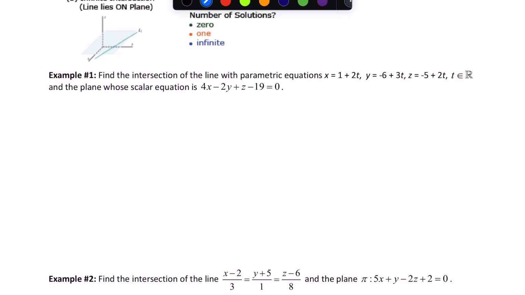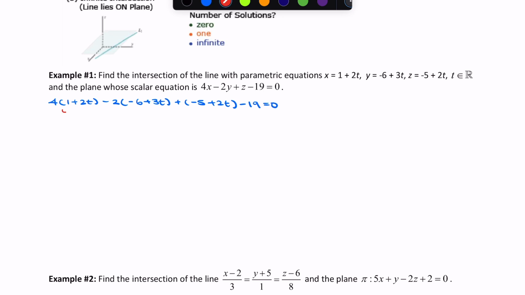If we sub our parametric equations into the equation of the plane, we'll get 4 times (1 plus 2t) minus 2 times (-6 plus 3t) plus (-5 plus 2t) minus 19 is equal to 0.